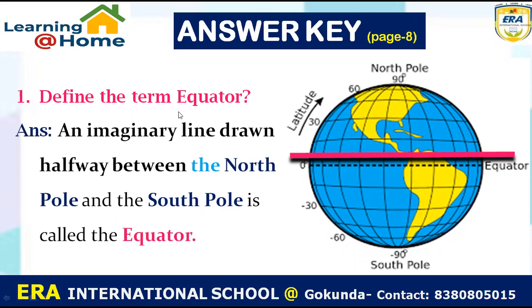In the previous session we learned about the equator, just once again see, so you understand better. An imaginary line drawn halfway between the north and south pole. You can see this is the north pole and this is the south pole, and half of the north and half of the south, an imaginary line is drawn, so it is called the equator.